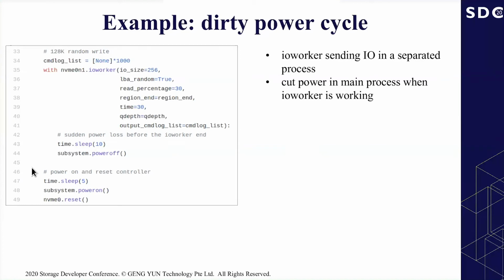Pynvme makes use of the platform S3 power state to cut the power supply of the SSD, and then uses the RTC, real-time clock, to power up the system and recover the power supply to the SSD after a predefined delay.